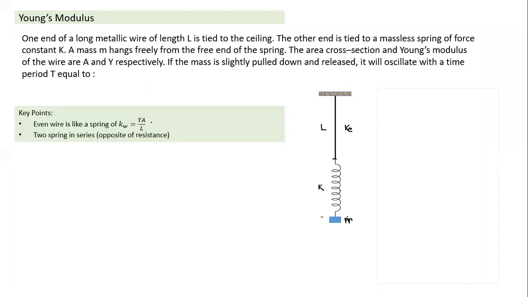Once we find the spring constant here, the time period is very simple. So what is the time period equal to? Time period is 2 pi root of mass of the system divided by K equivalent. And what is the K equivalent here? K equivalent will be equal to K1 K2 divided by K1 plus K2. It is a parallel-type formula. This has to be treated as a spring, so that's what we need to keep in mind.